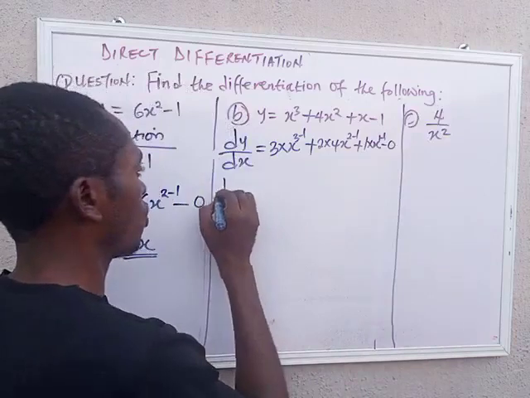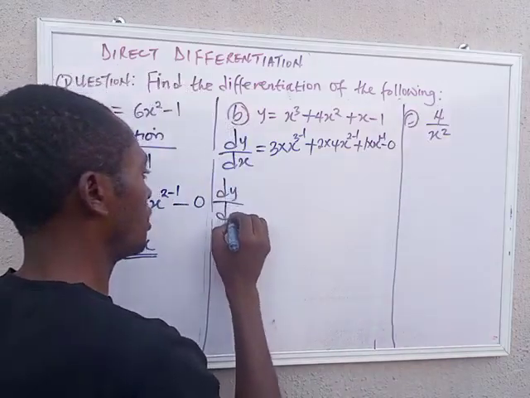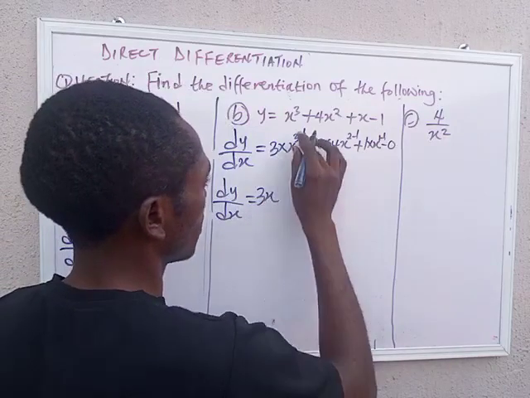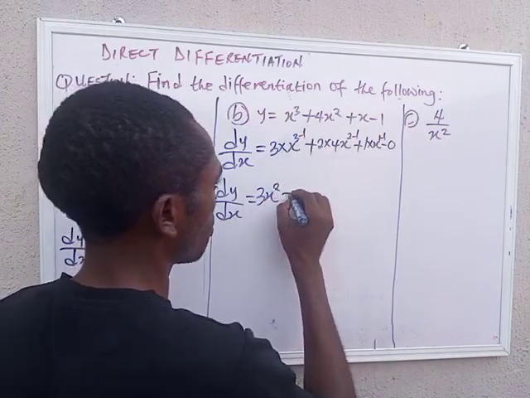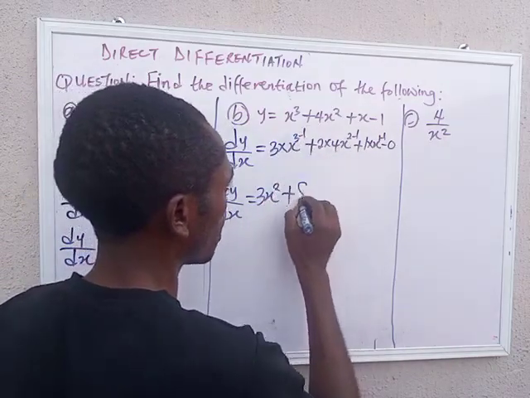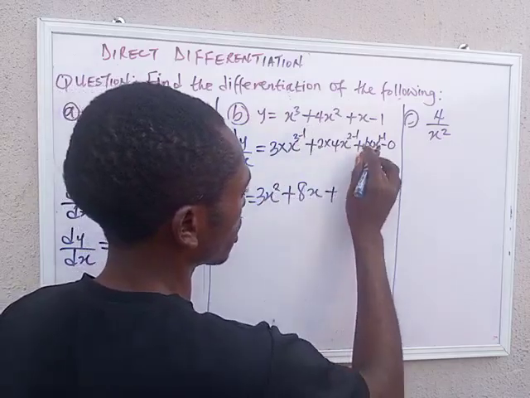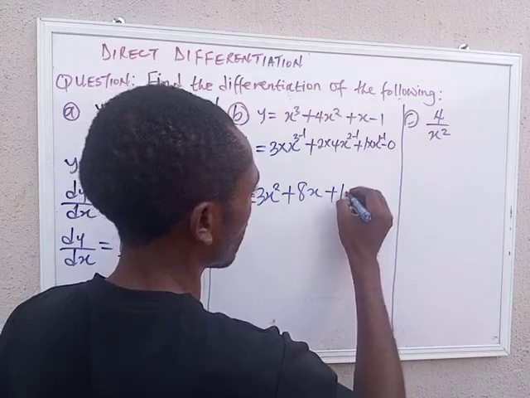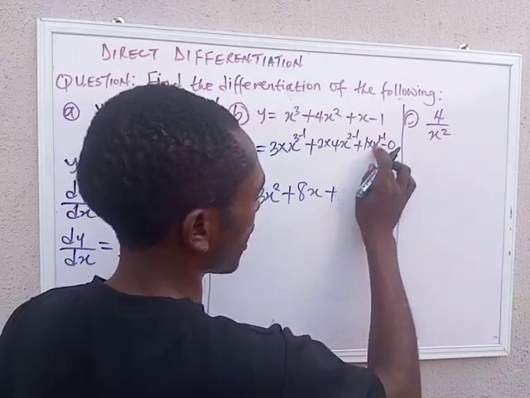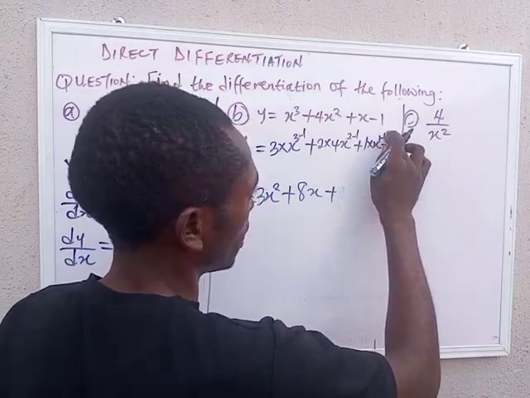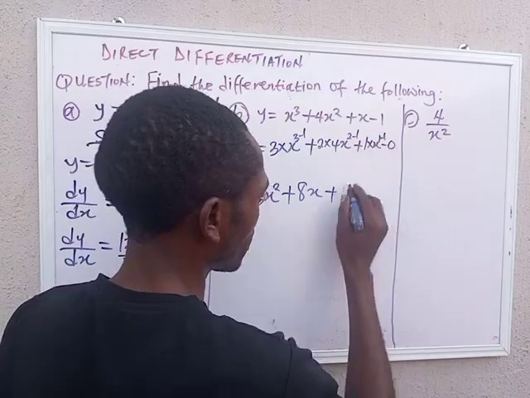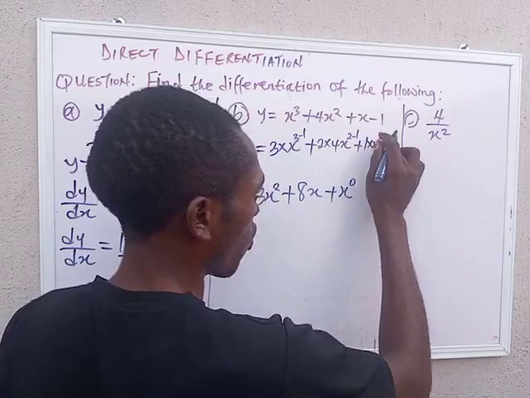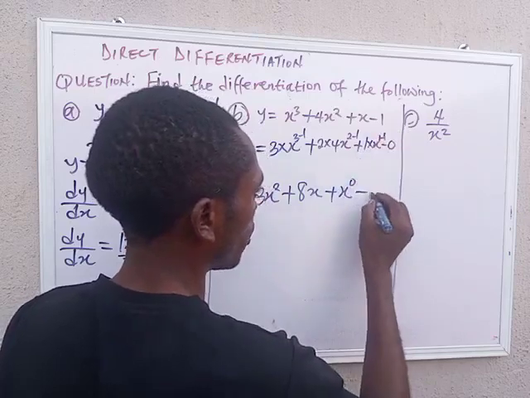So we have dy over dx is equal to 3 times x is 3x, 3 minus 1 is 2, plus 2 times 4 is 8x, plus 1 times x raised to the power of 0. 1 minus 1 is 0, minus 0.